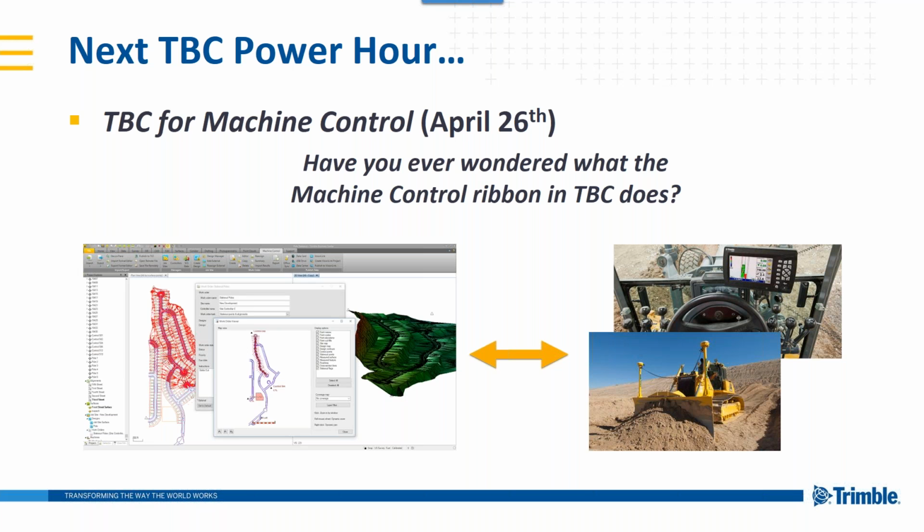We're going to have Brian Sykes and Joe Blecka present on that. Joe Blecka, who has presented several times on the past TBC Power Hours and done a fantastic job, is now the new product manager for TBC. So you're going to see him a lot more on these Power Hours, and he's going to be presenting. We're excited to have him on board with the Trimble Business Center team.